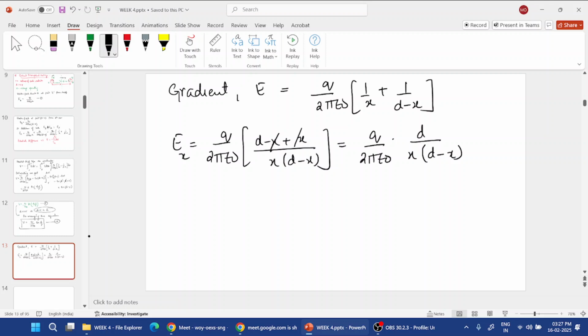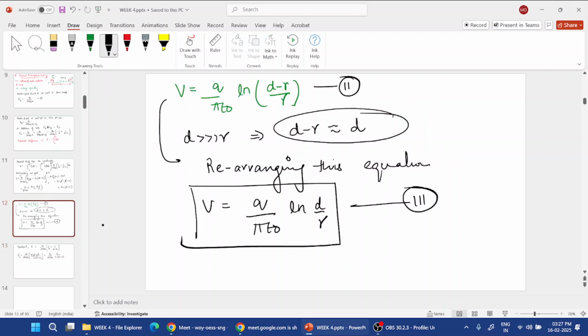Now, if we substitute the value of Q from the above equation, we know that Q is Vπε₀/log(d/r).